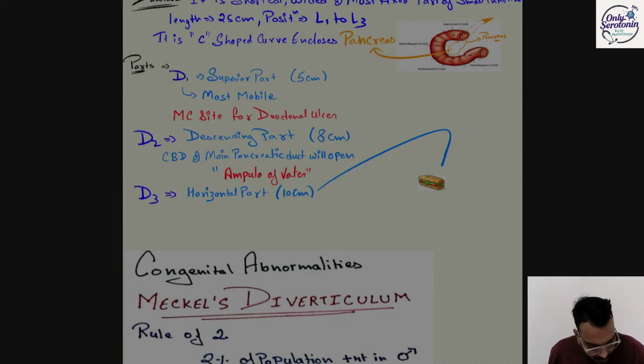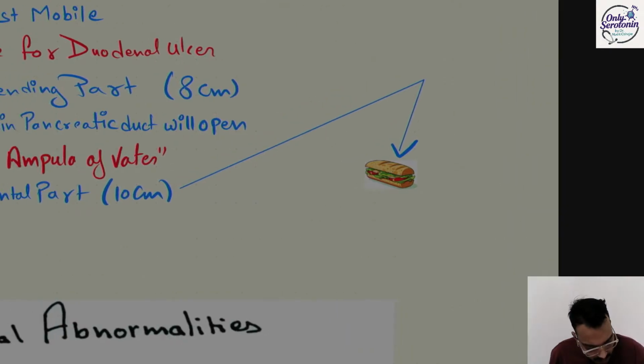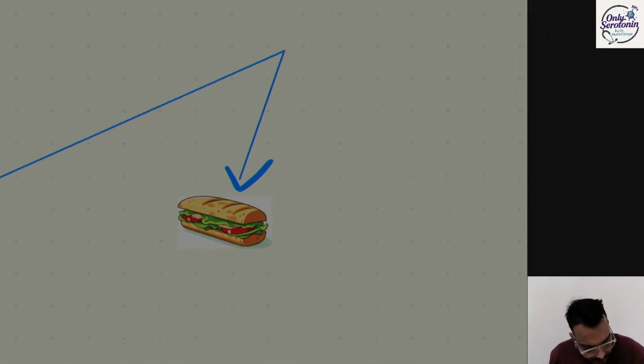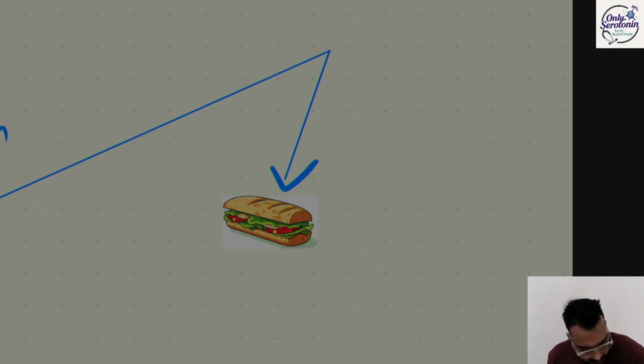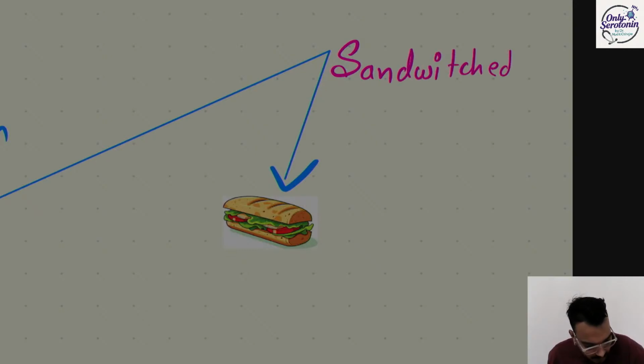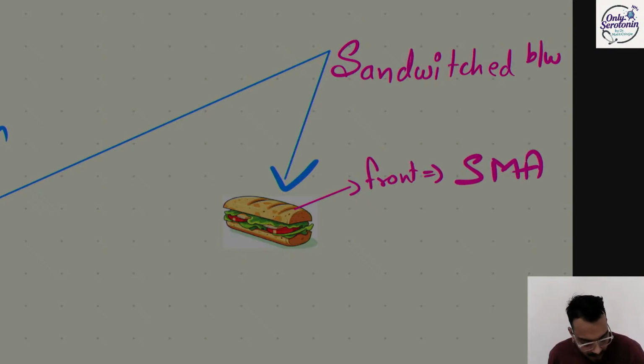This part actually is sandwiched between two arteries: from front it is your superior mesenteric artery, from behind, from posterior side, it is abdominal aorta.